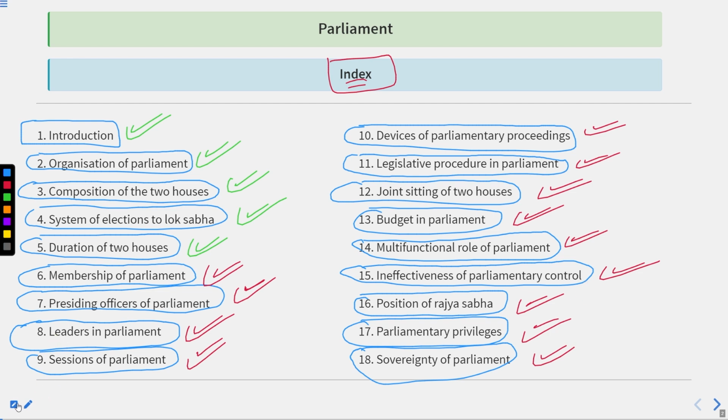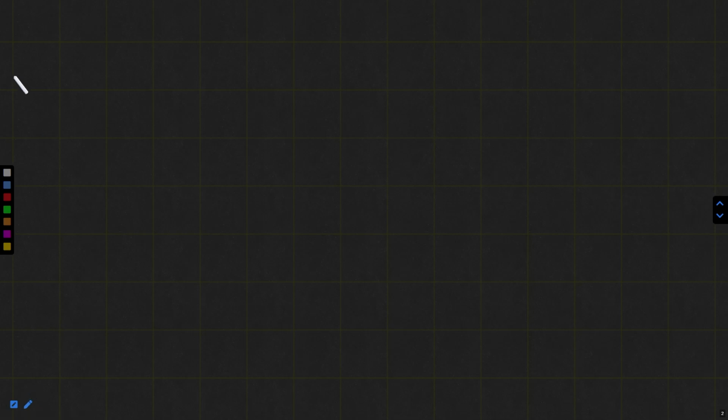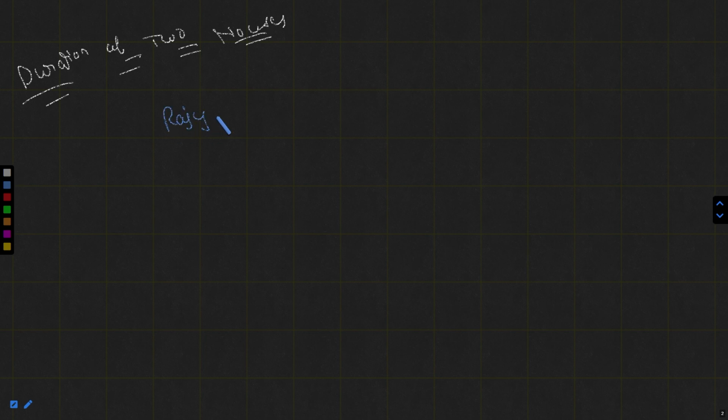All right. So if we talk about the previous lecture, we had covered the duration of two houses, in which we had seen that the tenure of Rajya Sabha is 6 years, and the tenure of Lok Sabha is 5 years.